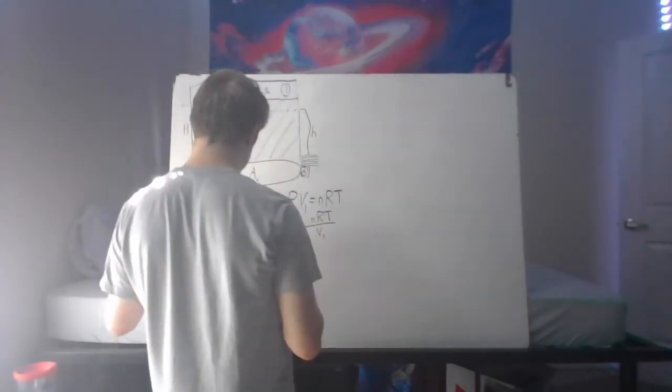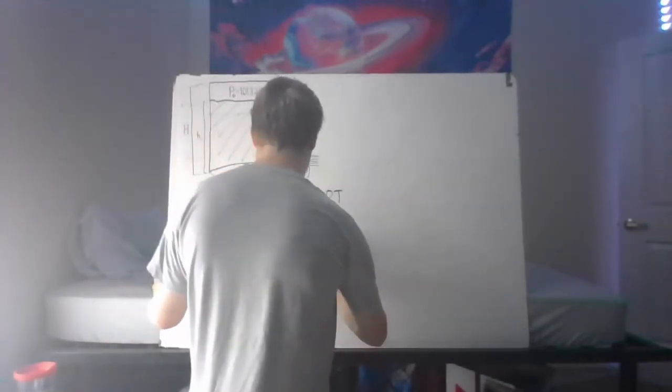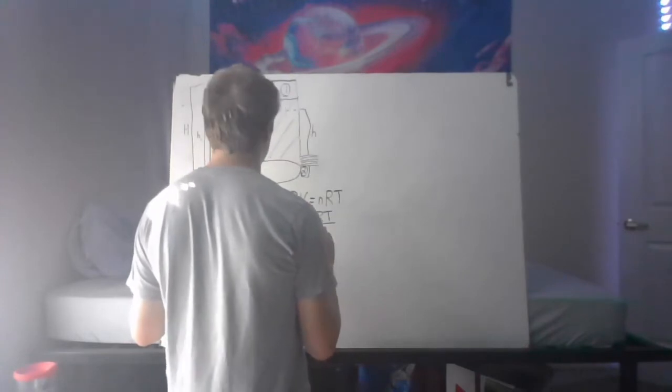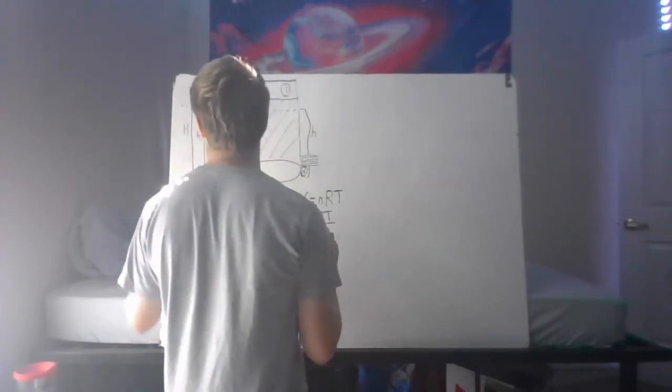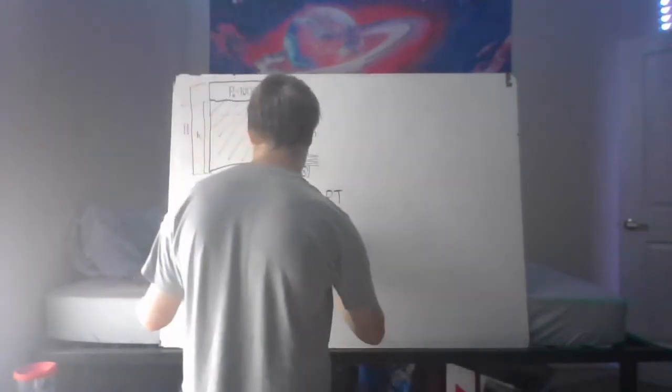Now we can plug in what we got for n, and our new volume, which will be big H minus little h times our cross-sectional area.